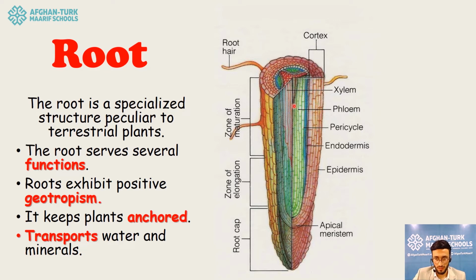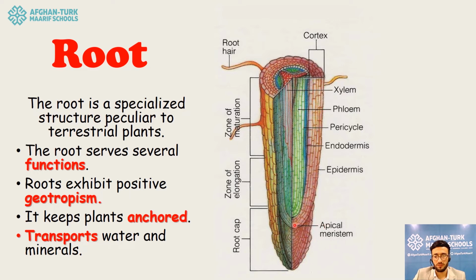Also, inside the root, you can find the xylem and phloem. The xylem carries the absorbed materials from the soil into the entire plant; that is one-way transport. The phloem is two-way transport, which carries metabolic materials needed by the apical meristem.